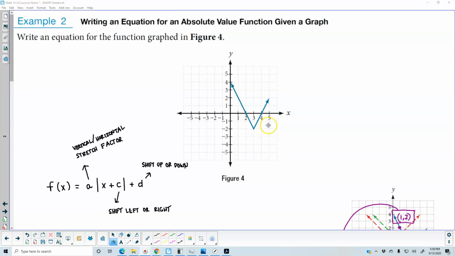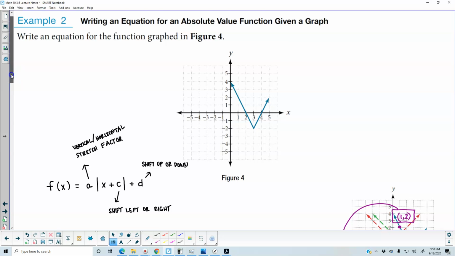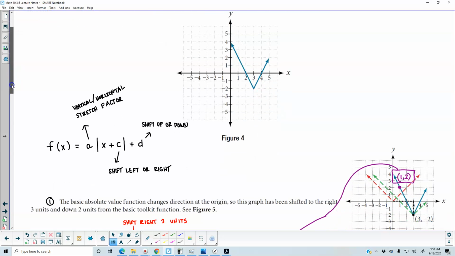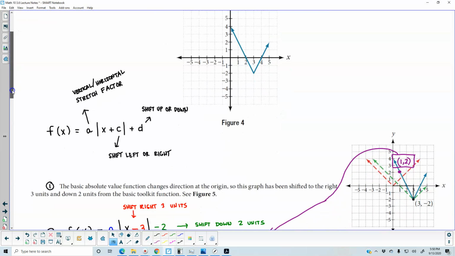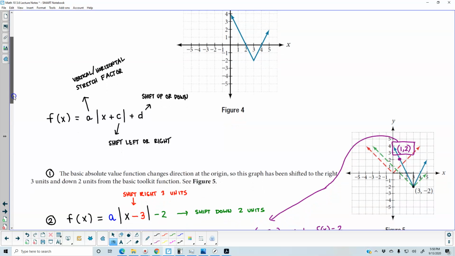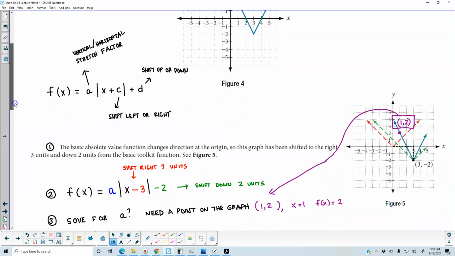So we need to take information from this graph in order to figure out what to do next. Now, the basic absolute value function changes direction at the origin. So this graph has been shifted to the right 3 units and down 2 units.